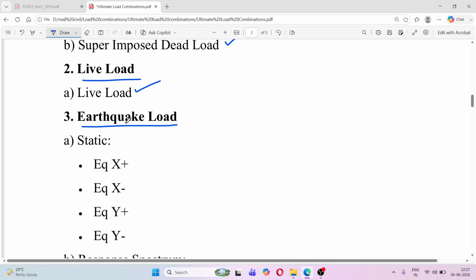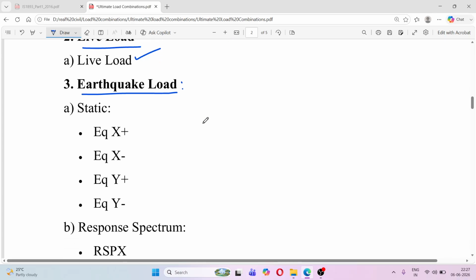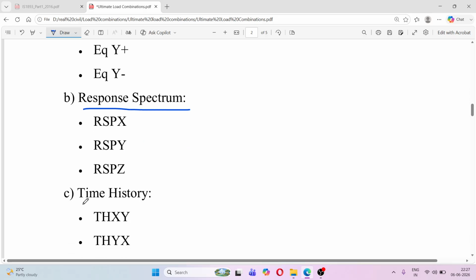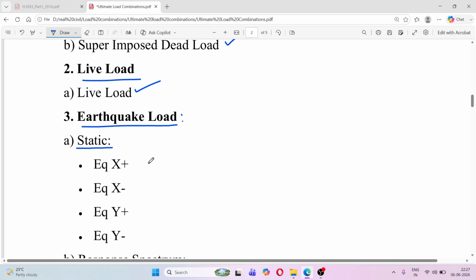Then, very important, earthquake load. In earthquake load, we perform the seismic analysis either by equivalent static method, response spectrum method, or time history method. Sometimes we need to perform all three.